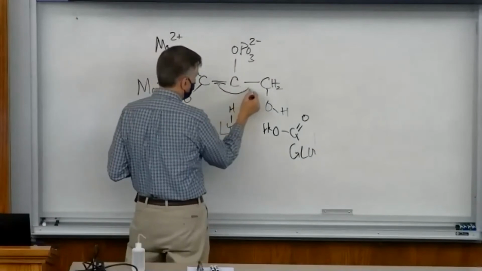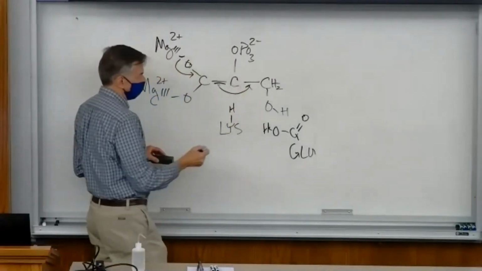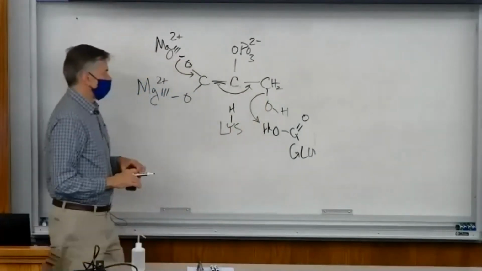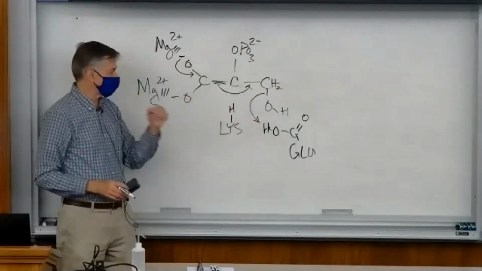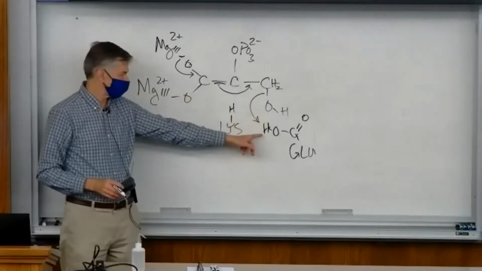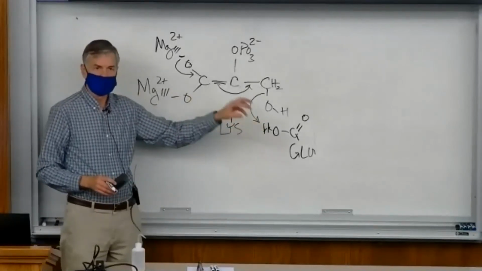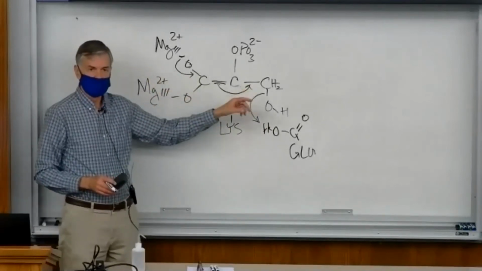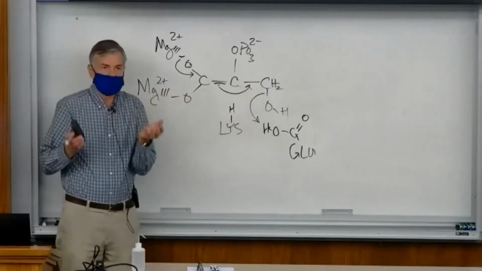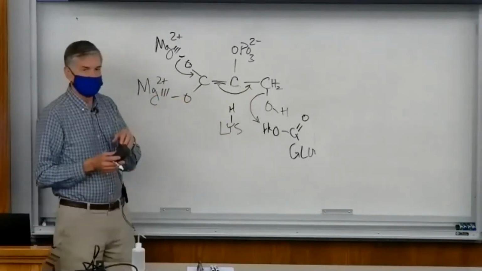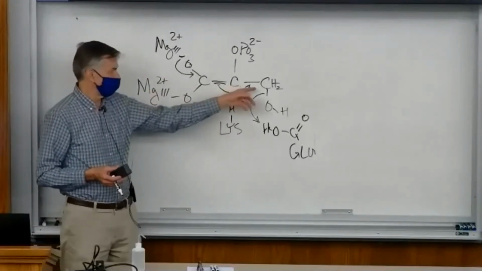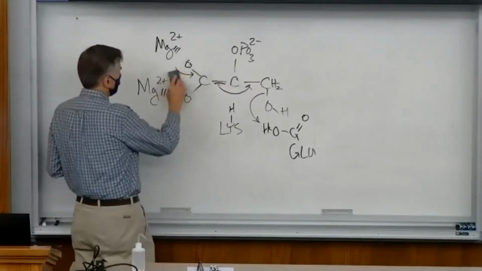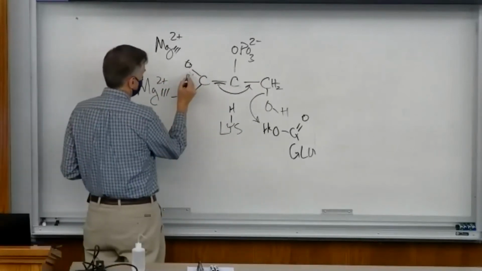We're now going to move this pair of electrons over here, and we're going to break off this hydroxyl group. It's going to come off and pick up a proton and leave as water. It's going to generate then a double bond. This is an example of a lyase reaction, where we eliminate water from a carbon-carbon bond and generate a double bond in its place. So let me go back to the product here.